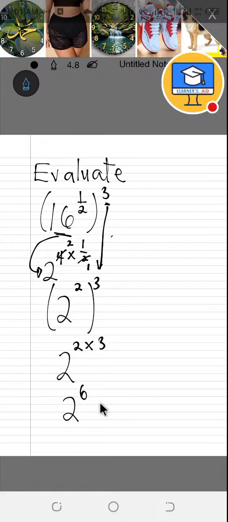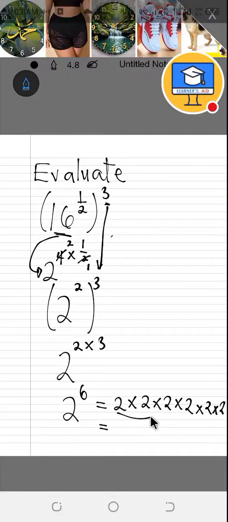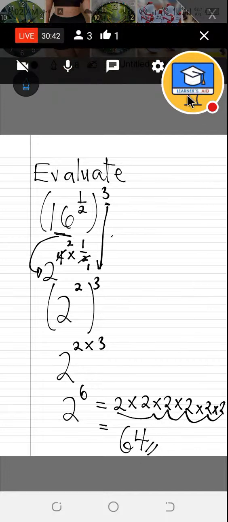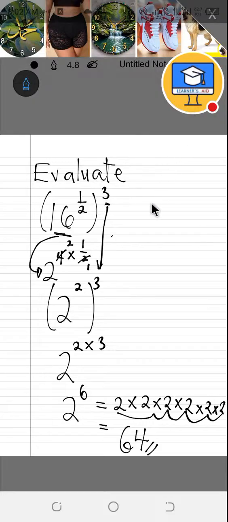So we can write it as 2 times 2 times 2, six of them. That gives us 4, 8, 16, 32, 64 as our final answer. Good.